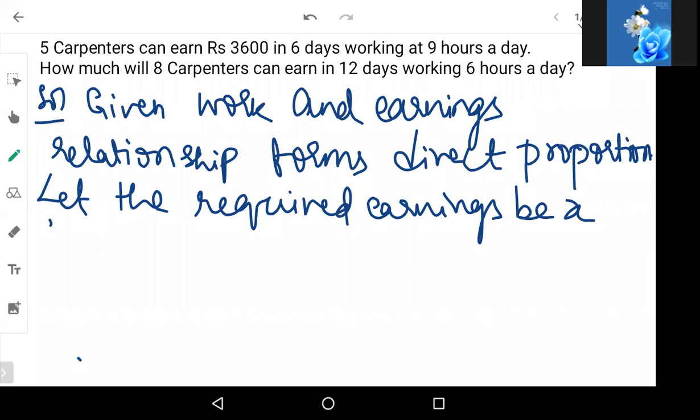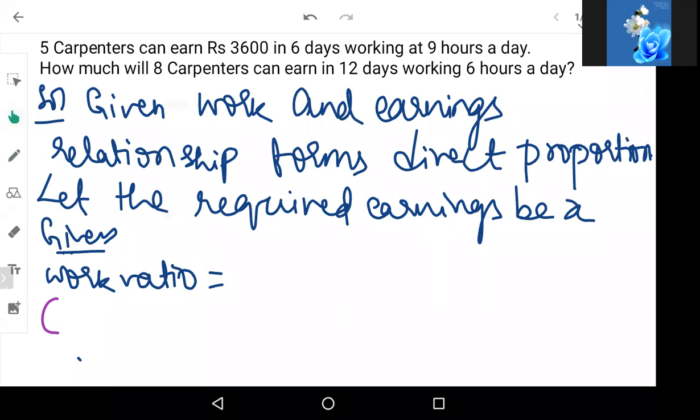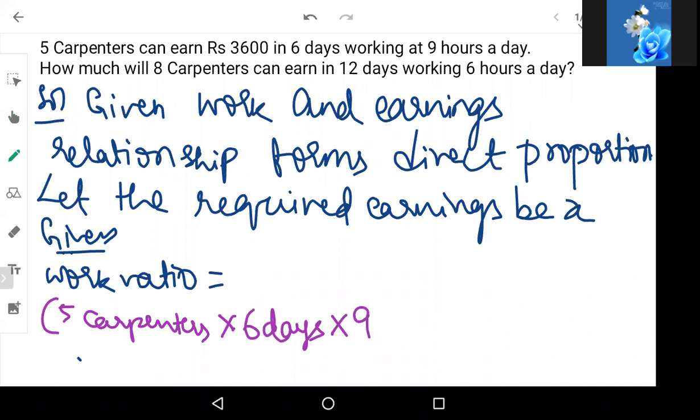And what is given to us? Work ratio. Now, what do you mean by work ratio? We will define it. If you see the first sentence, five carpenters are working for 6 days, multiplied by 9 hours a day.